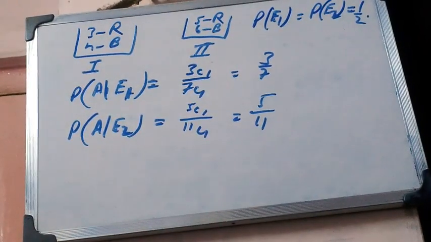Now we have to find the probability of E2 given A. That means the condition is that we have chosen a red ball, and we have to find the probability that the red ball was chosen from the second bag.